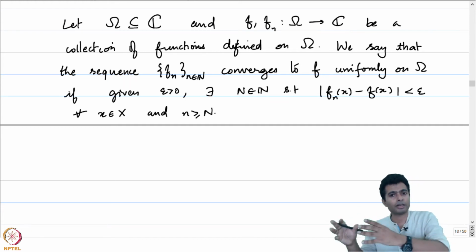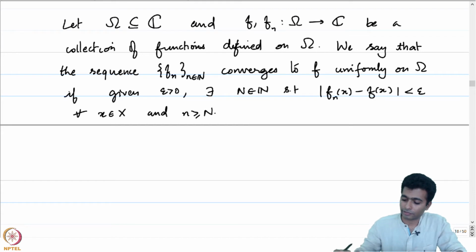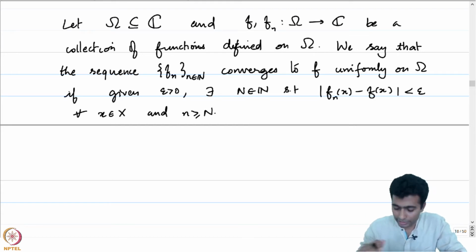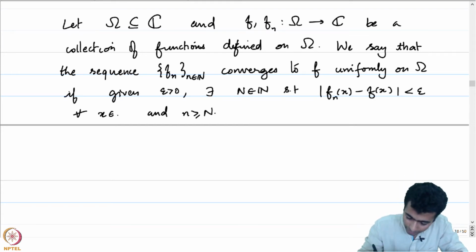Given an epsilon, we have a capital N such that the distance of Fn of x to f of x is less than epsilon for all x in omega.